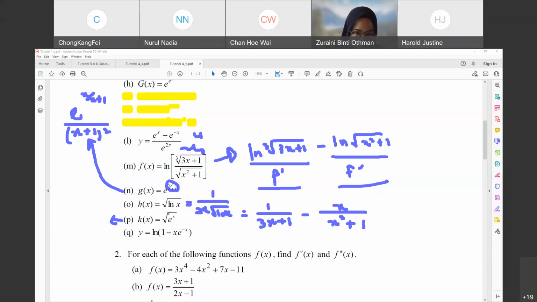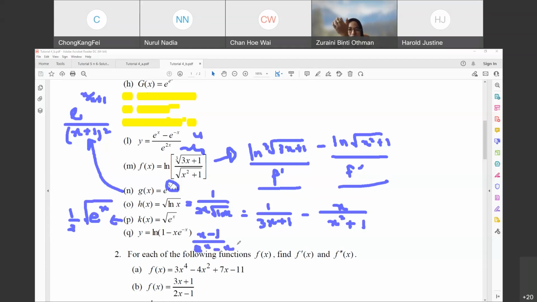And for P ni, eksponen X punca kuasa, nilai dia ialah 1 per 2 eksponen X punca kuasa. Dan Q, jawapan akhirnya ialah X tolak 1 per dengan eksponen X tolak X yang ni.